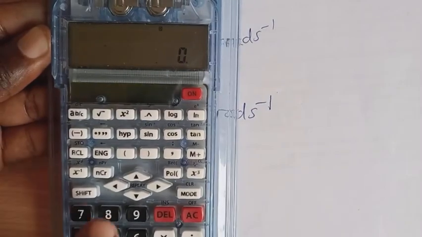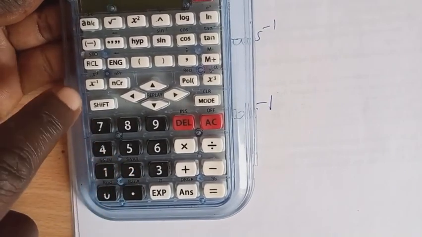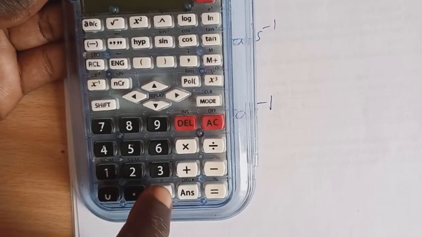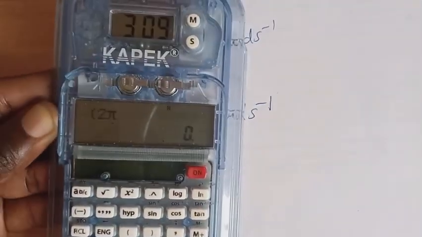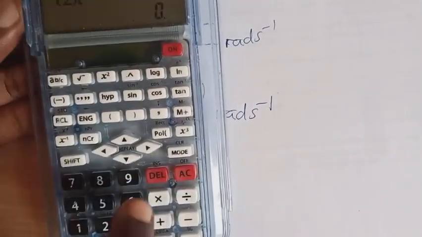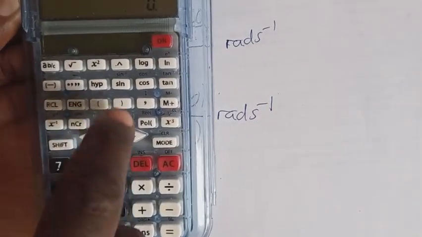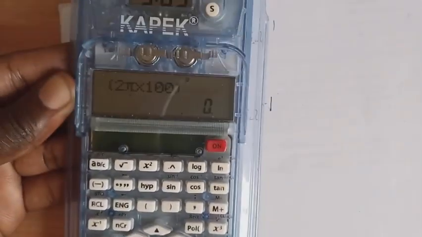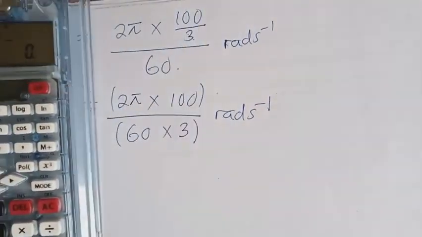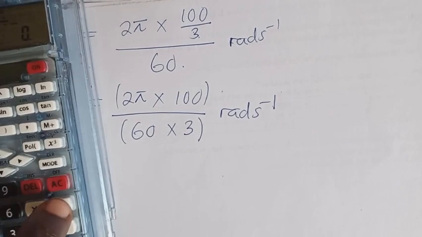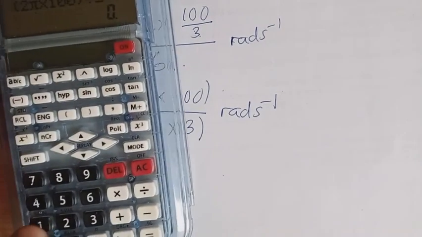For the numerator, I open bracket, okay, and press 2. If I want pi to appear, I will press shift, press this one, then the exp, exponential, and you see 2 pi appears. Then you say multiplied by 100, and then now you can close bracket here. After that, you press the division operator, and then you open bracket again.